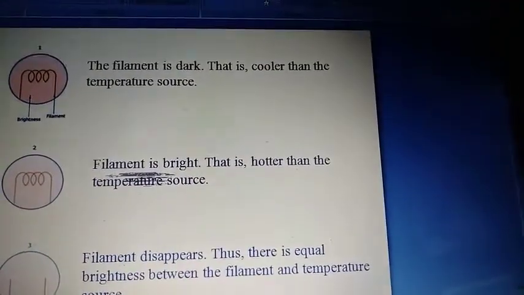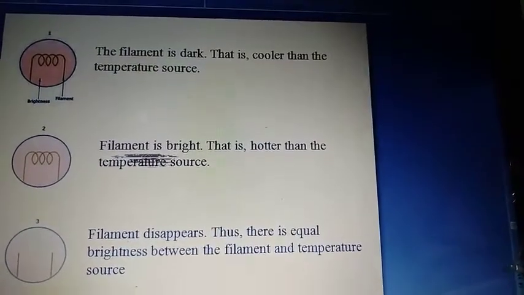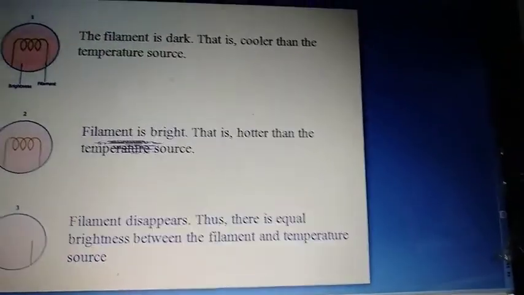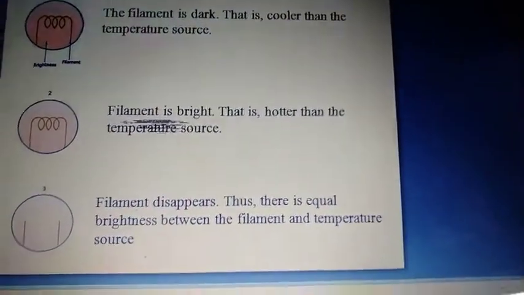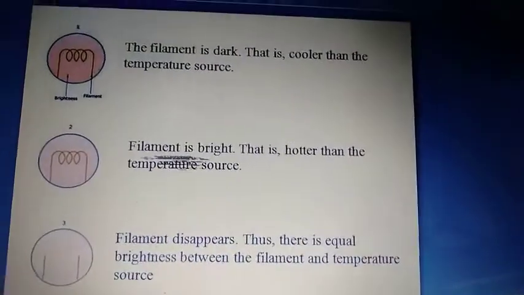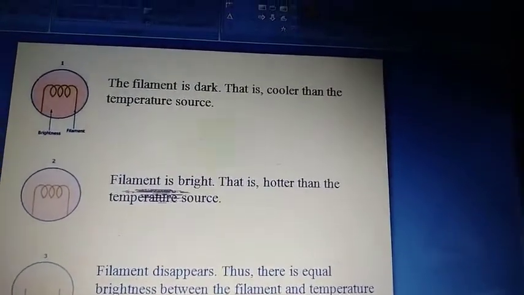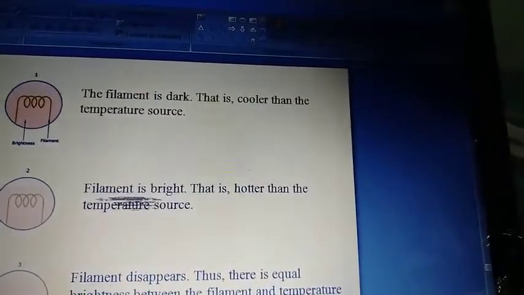When the filament is bright, it is hotter than the temperature source. And when the filament disappears from the observer, it means the brightness of the filament and the temperature source are equal. In three ways we are observing the filament, in terms of brightness, to measure the temperatures directly.